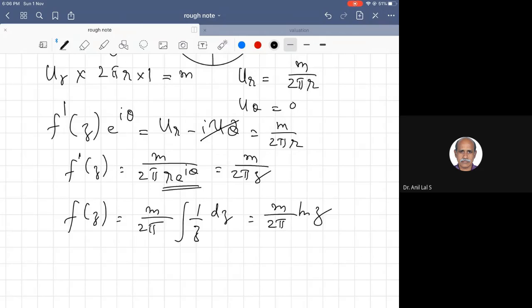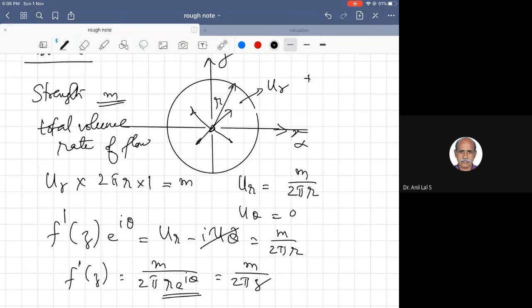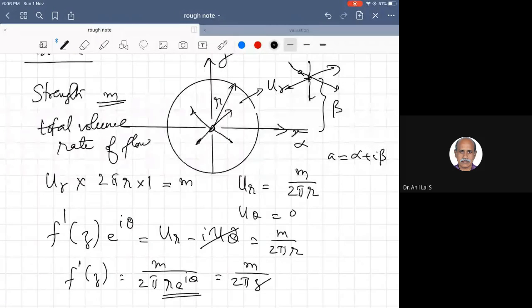Suppose the center of the source is at some other point, say some alpha distance along the x direction and beta distance along the y direction. If I denote this point A as A is equal to alpha plus i beta, then the flow will be emanating from this point.